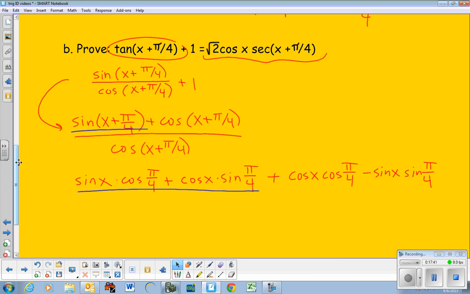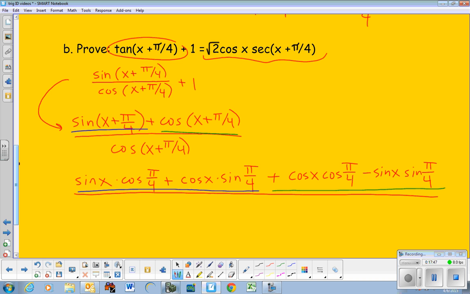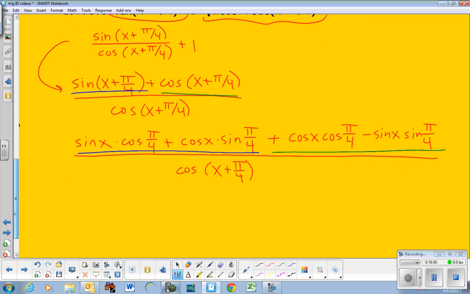Okay, so that's here. And all of this still has the same denominator, cosine of x plus pi over 4. All right, so it's getting real big and complicated, but I can start to cancel some stuff out soon.